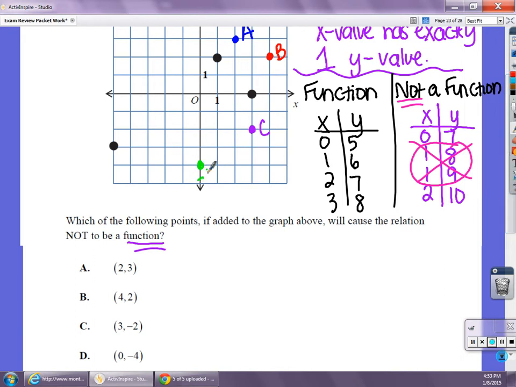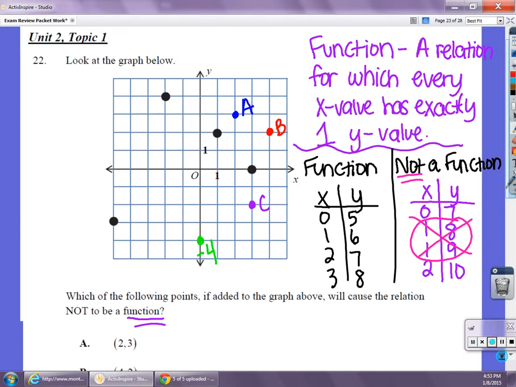So what we're looking for is there a value of x on our graph now that has more than one value of y? So if I go over and look at this point, I have the point negative 5. No other point has the x value negative 5. Here I have an x value of negative 2, and there's no other point on that graph that has an x value of negative 2.